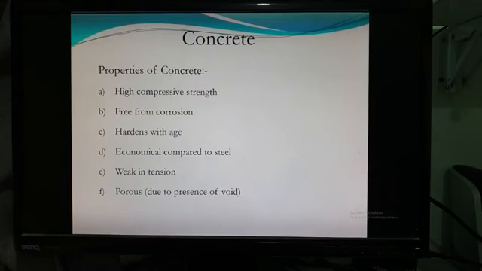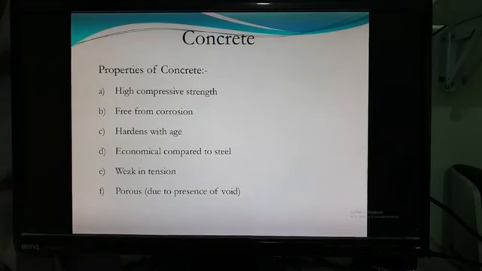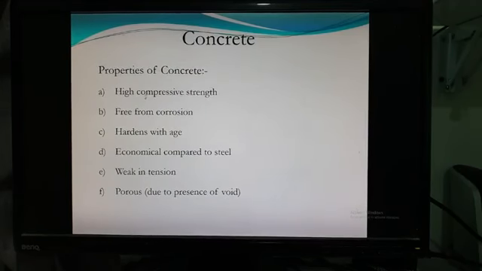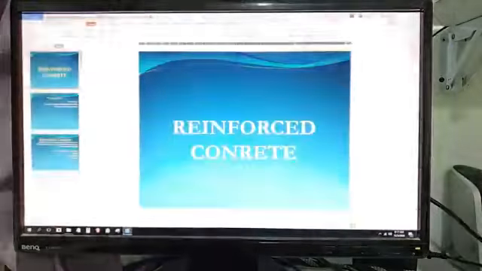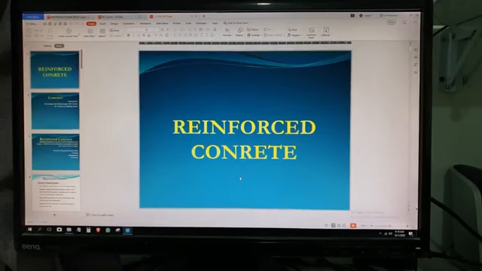Weak in tension means that we have to introduce rebar. And concrete is also somewhat porous, especially if there is a lot of void in the concrete. So water tends to seep a bit into the concrete compared to steel. So that is a little bit on reinforced concrete.